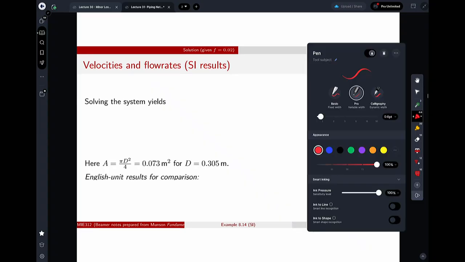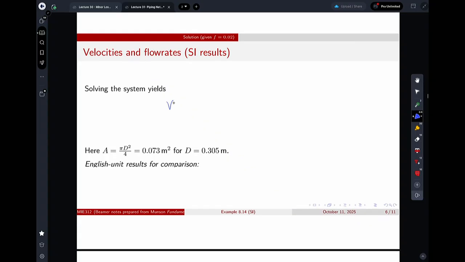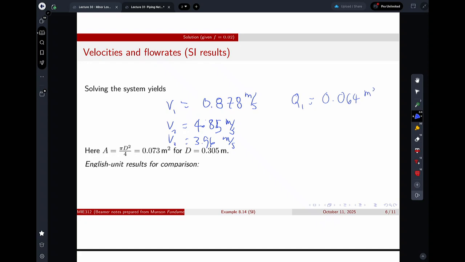So if I do that, I solve the system, and I end up with V1, which is approximately 0.878 meters per second, V2, which equals 4.81 or 5 meters per second, V3, which is 3.96 meters per second, Q1, which equals 0.064 meters cubed per second, or sorry, Q2, oh, this is wrong.